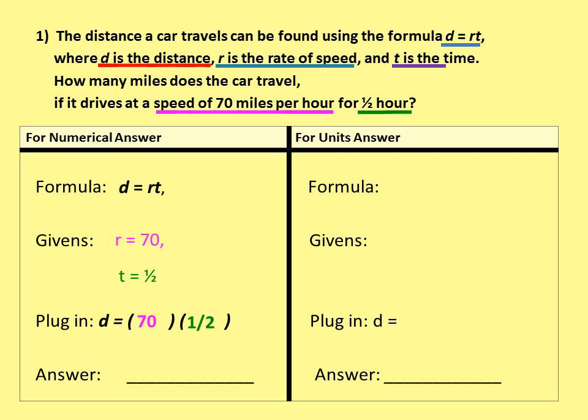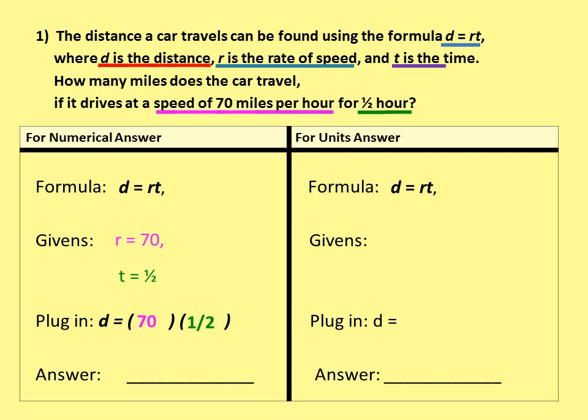Okay, we good? Now, I want to go back in and I want to look for the answers for the units. All right. Now, we did this before for page 22, so we can do this again. All right, we know the formula. Write it down. All right, what are my givens? Now, I'm talking about units of measurement.